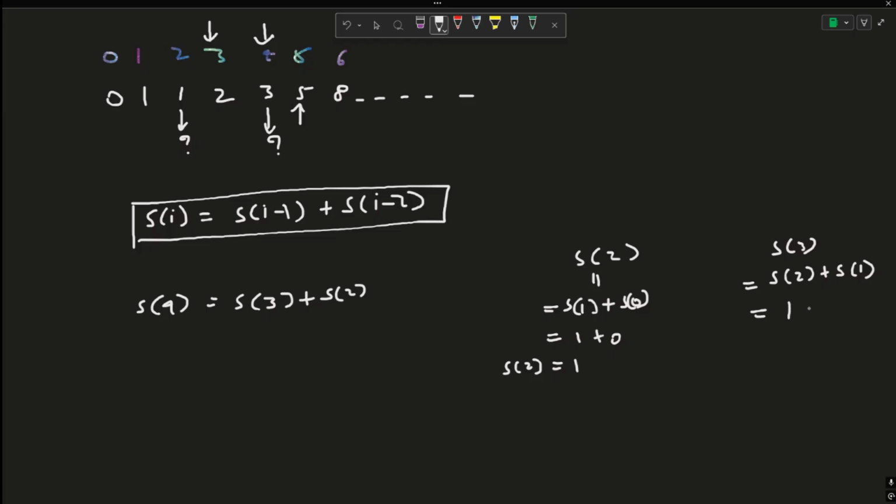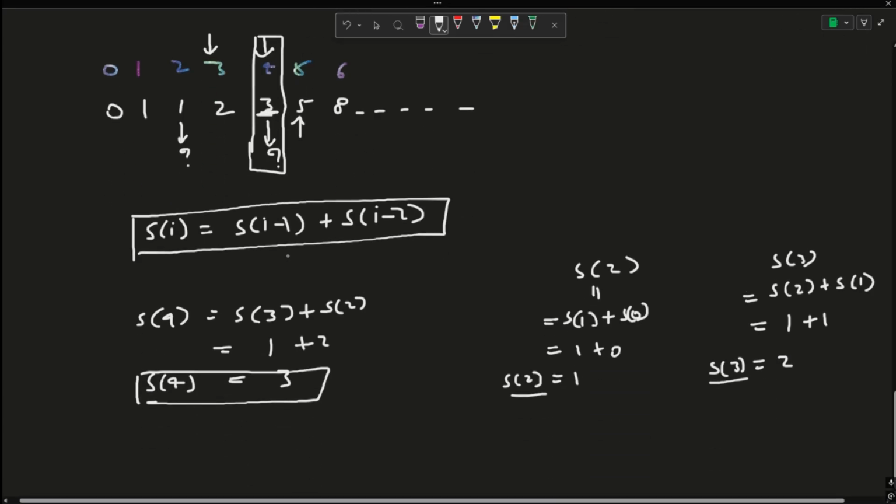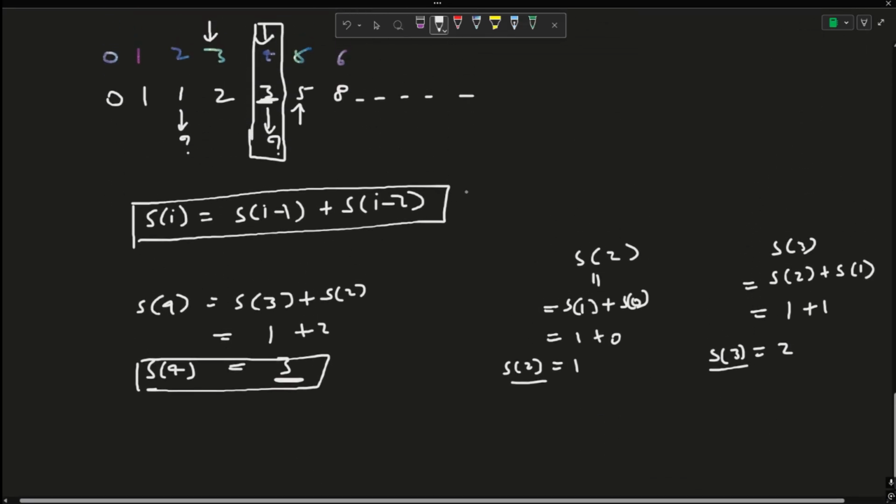We got S of 1 is 1 from the base case. So S of 3 is 2. For S of 4, put the values 1 and 2, so S of 4 is 3. See, it is 3. So our answer is correct. This means our recurrence relation is working.